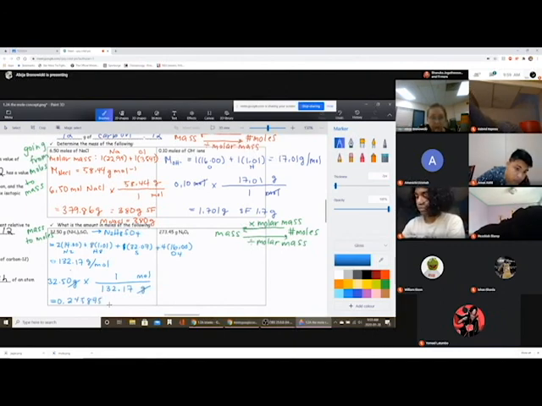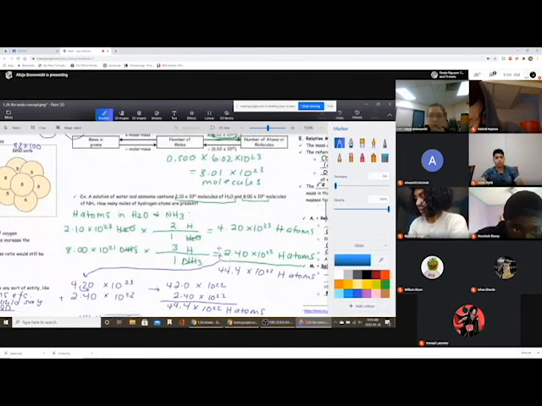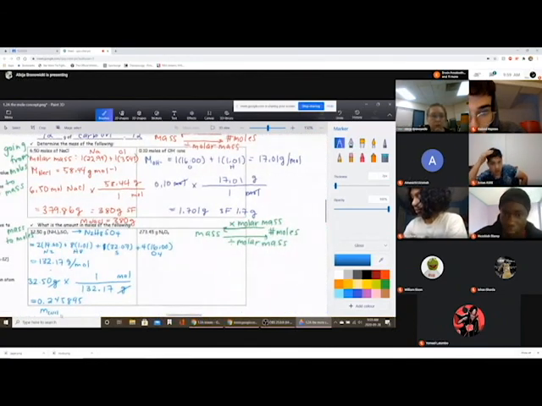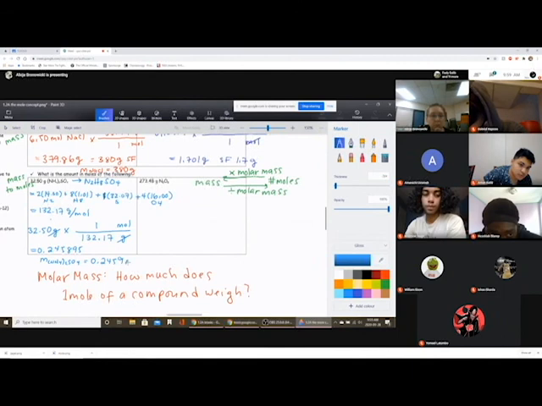0.245895. I need to adjust it to the right number of significant figures. So (NH4)2SO4 equals 0.2459 moles.